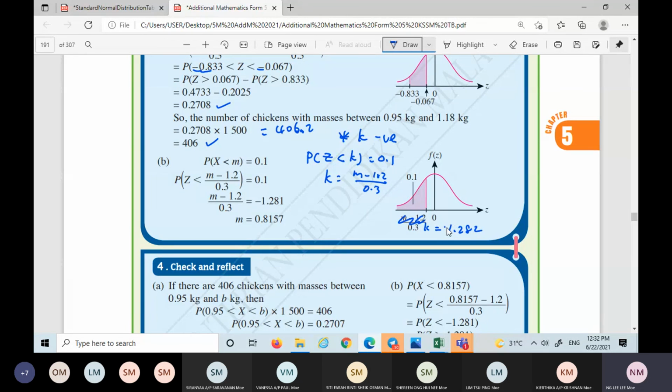Remember with a negative. They put 1.281, either one can be accepted. So let this be negative 1.282 equals, with 1.2 and 0.3, and then solve for the m. So this is the answer.